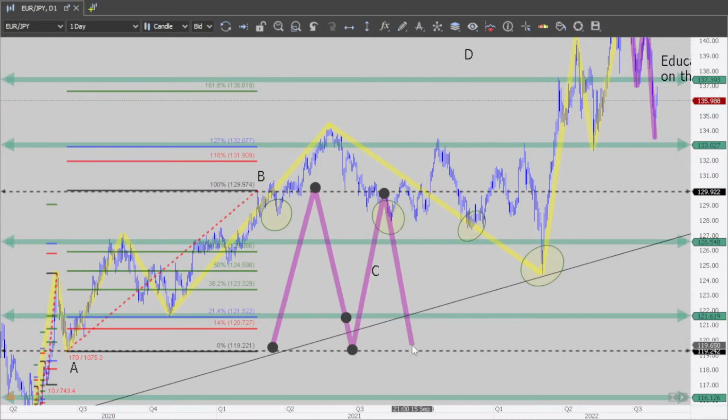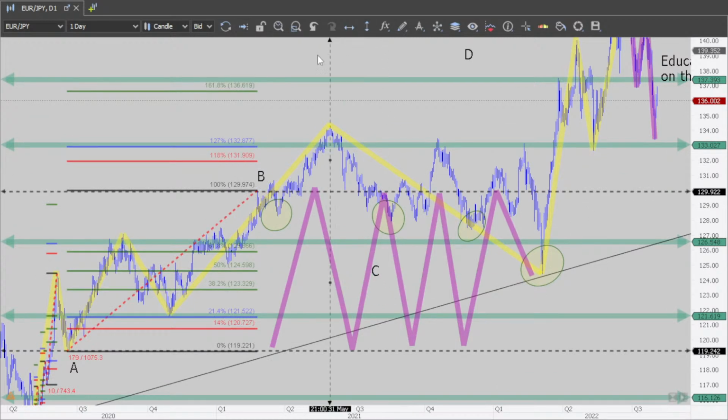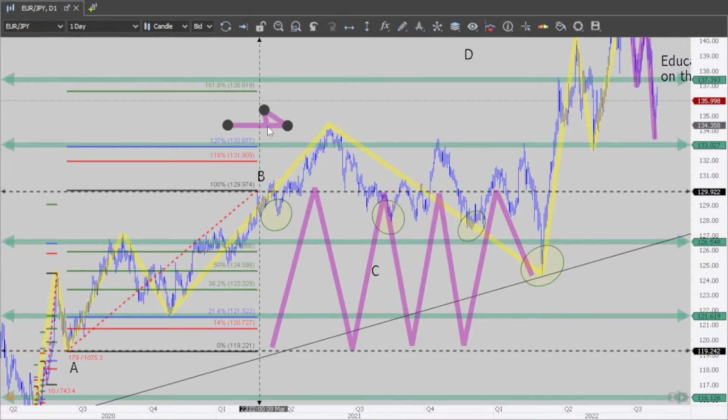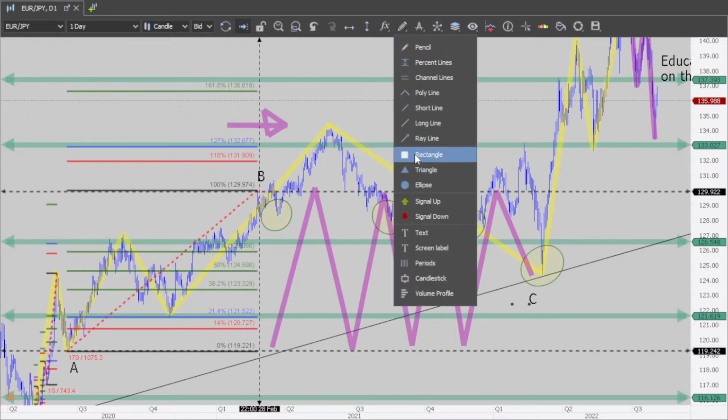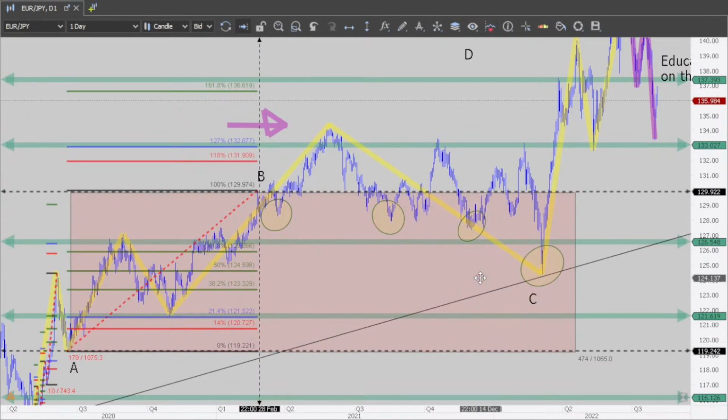Loki and everybody else, the C is the lowest point inside the AB boundary after the B. From the B on, it is the lowest point, not necessarily the low, inside the AB boundary. This is the A, this is the B, so this is the AB boundary. It is the lowest point inside the AB boundary before the market hits the appropriate D extension.